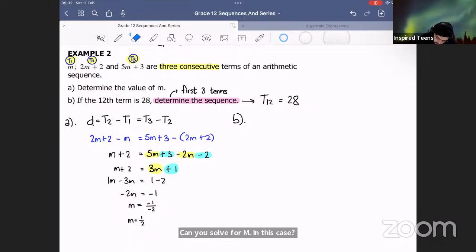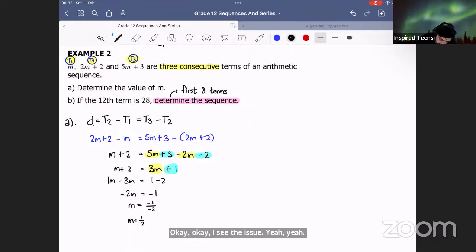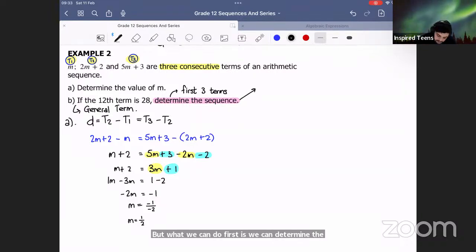Okay, I see the issue. Basically, we don't need it for this question. This is needed for when they say determine the general term, which we're going to do next. But what we can do first is determine the sequence, because we have the value of M.